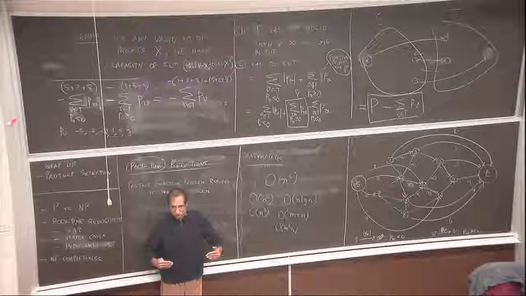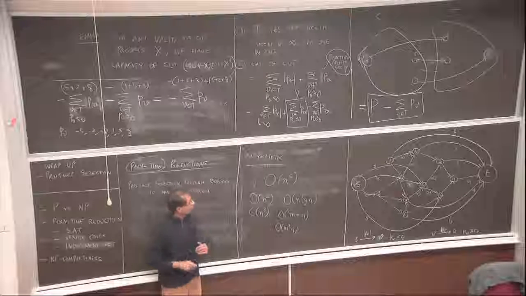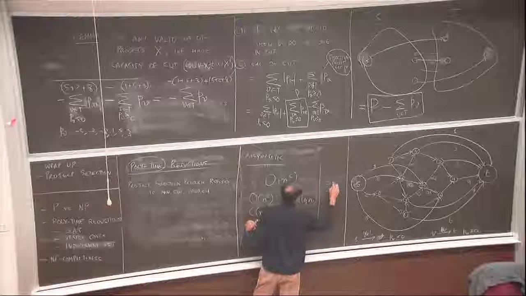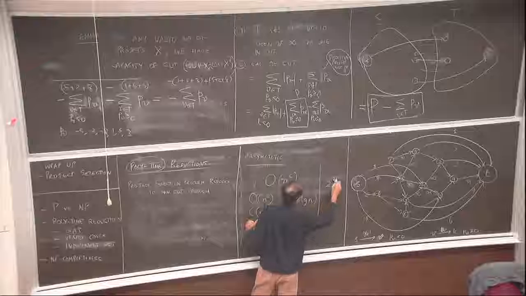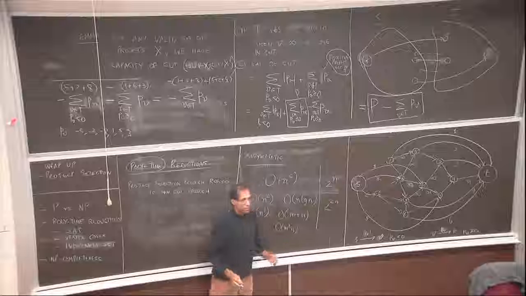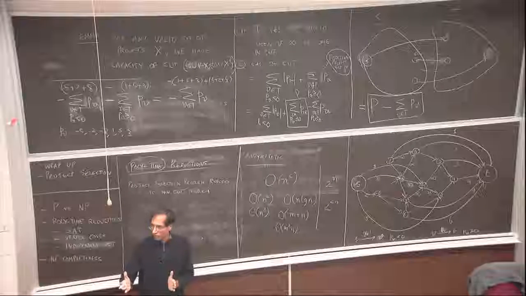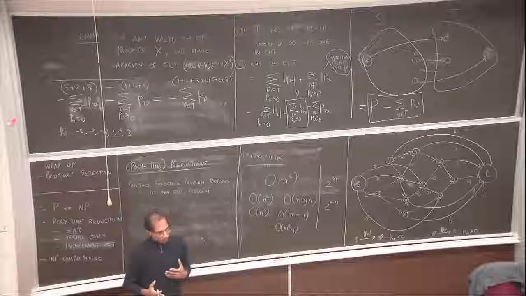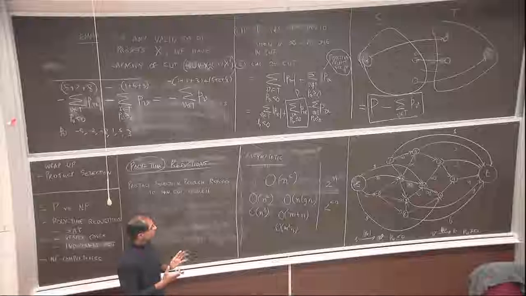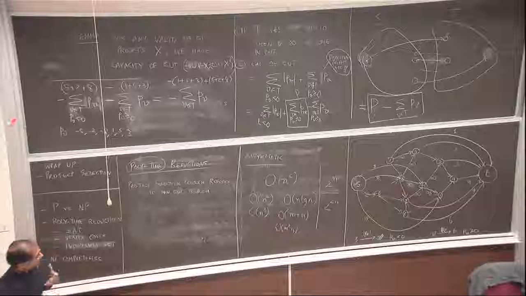The input doubles, it increases by 8 or 16 or something, but it's always a constant factor. On the other hand, if you had something like exponential time, if the input doubles, the running time actually squares. It's not increasing by a constant factor. So that's one of the reasons for understanding why polynomial time is right.